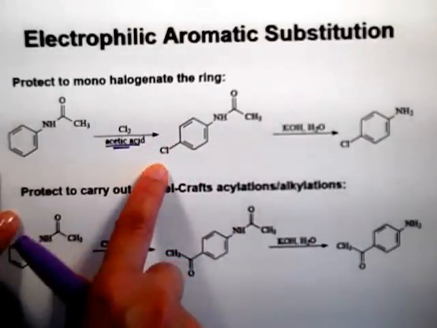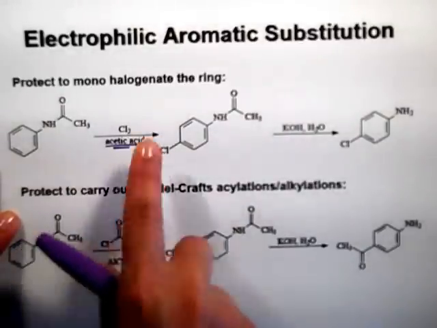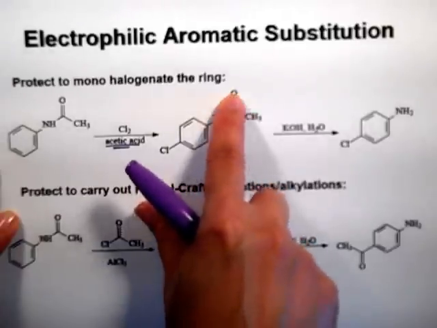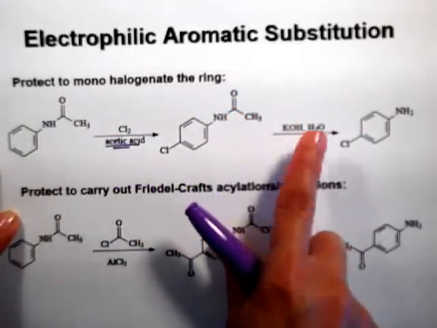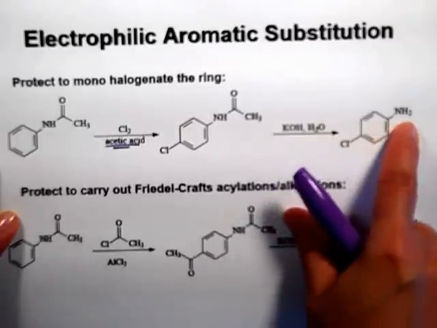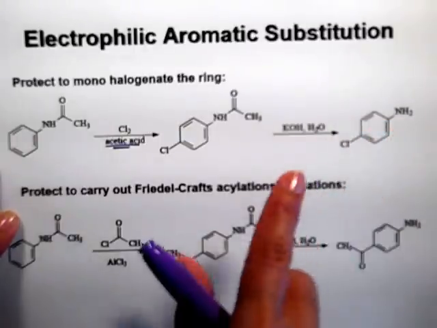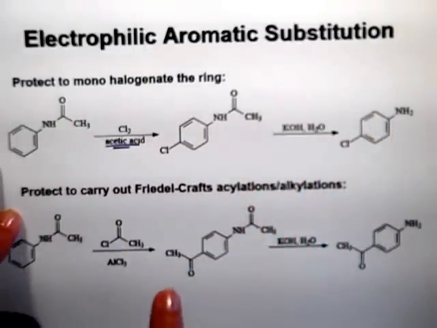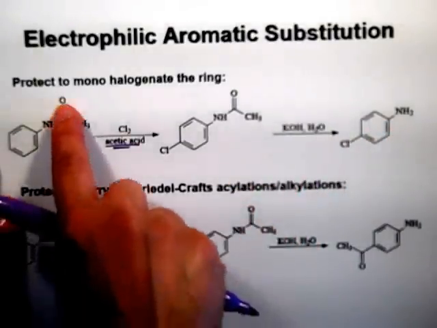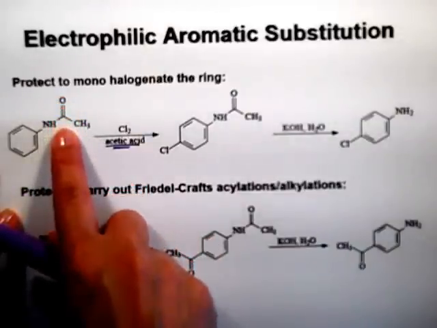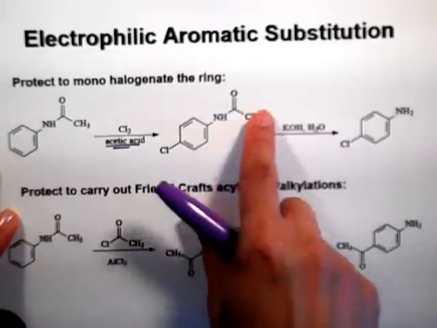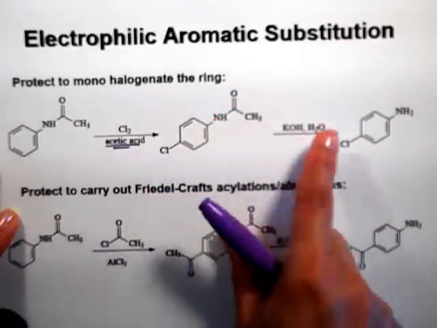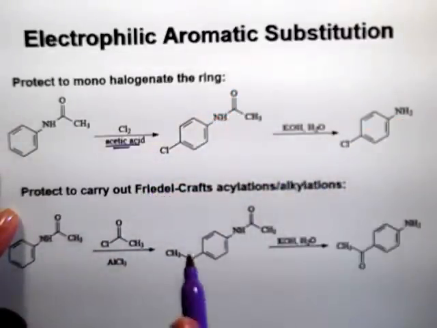So only the monochlorination. And if I wanted to hydrolyze my amide, you can do it under acidic or basic conditions. They chose the basic conditions here, so you get your aniline back. So if you wanted to chlorinate or brominate aniline, you have to put a carbonyl on the nitrogen. Then you can do your halogenation reaction, and then you hydrolyze your amide back to the amine.